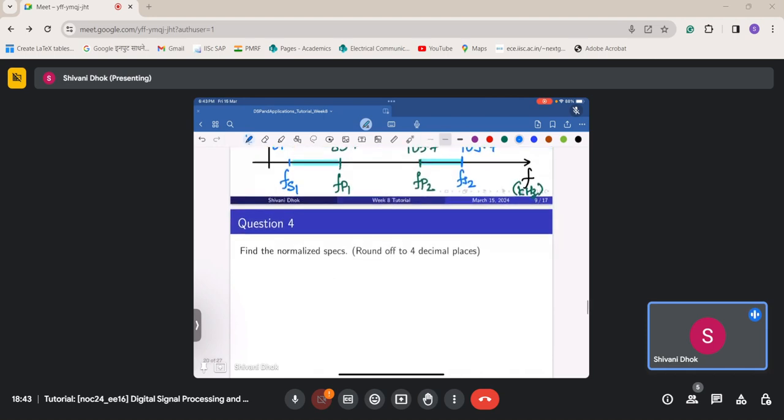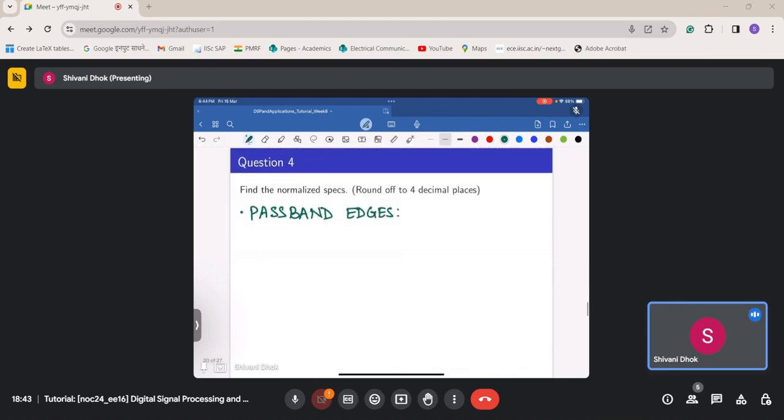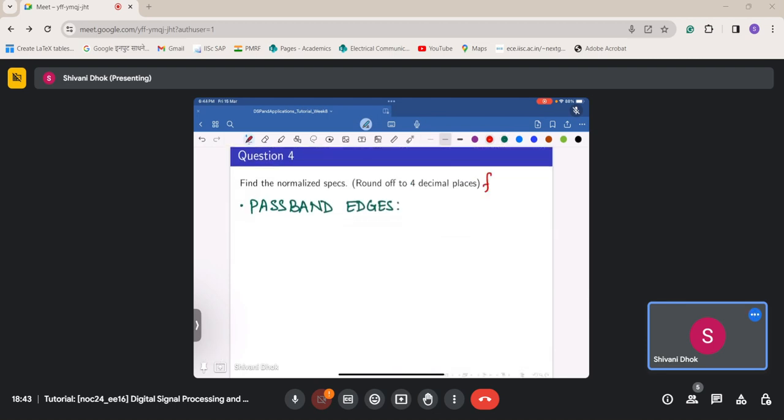First, let us do it for the passband edges. Also note that this F-SAM is 330 kilohertz.